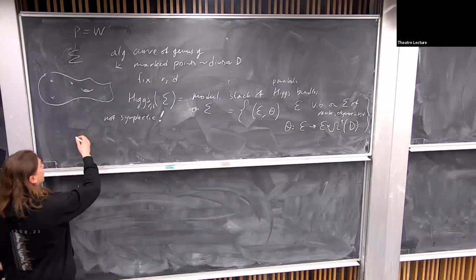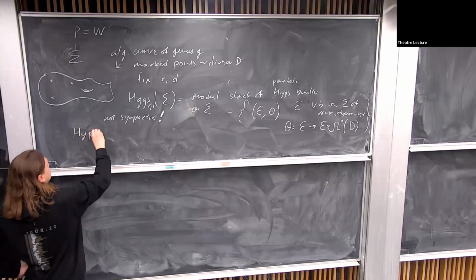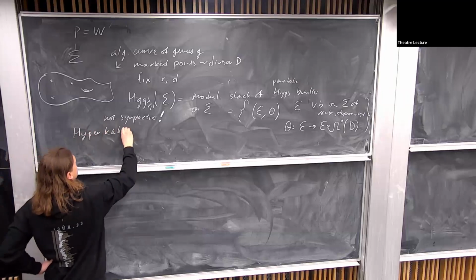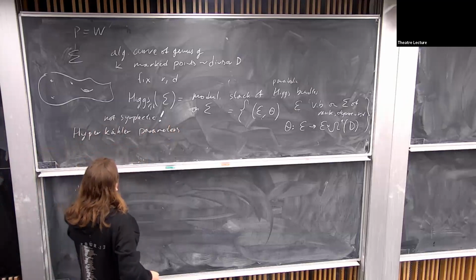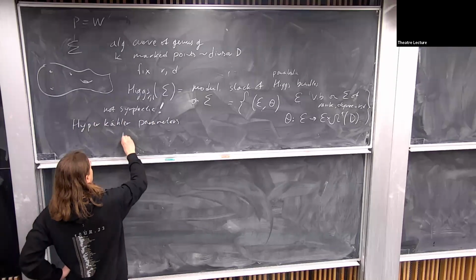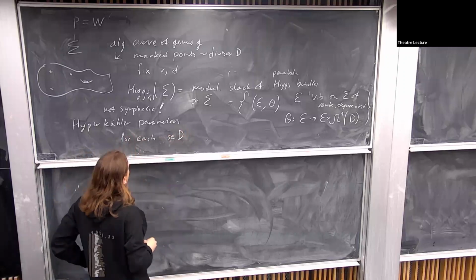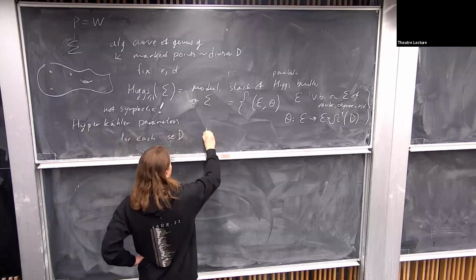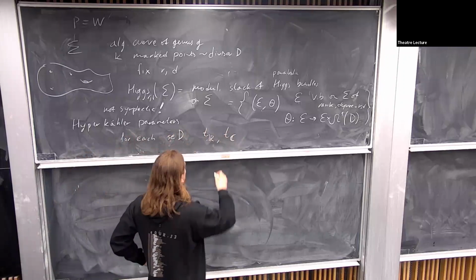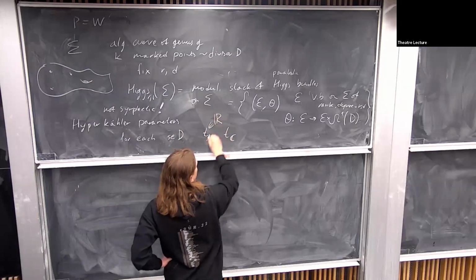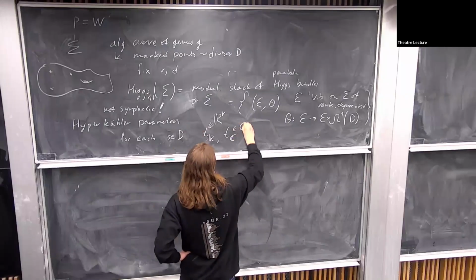So there are so-called hyperkähler parameters. For each point in the divisor, you need to pick T R and T C. This lies in R to the R, the rank, and this lives in C to the rank.